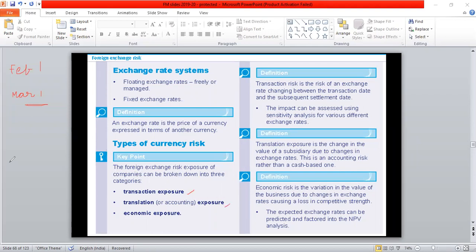Let's say that there is a parent company. Who is a parent company? The one who owns more than 50% of the shares of another entity, more than 50% of the equity, we call that company a parent company.